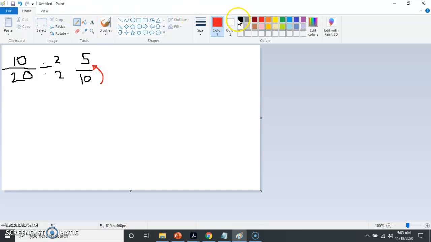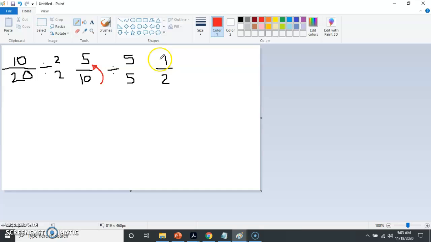So that's what we're going to do next. So we have 5 divided by 5, which is 1. And then we have 10 divided by 5, which is 2. And we have 1/2. So I'm pretty sure the numbers can't get any smaller than that.